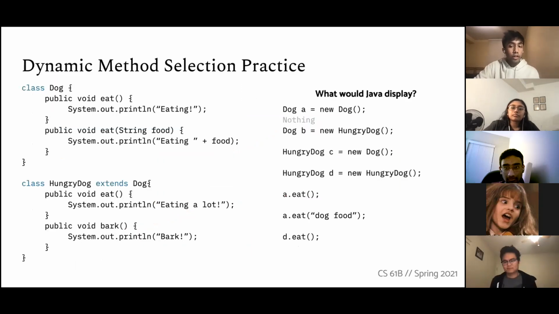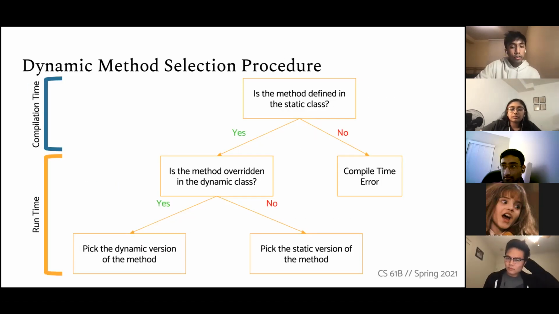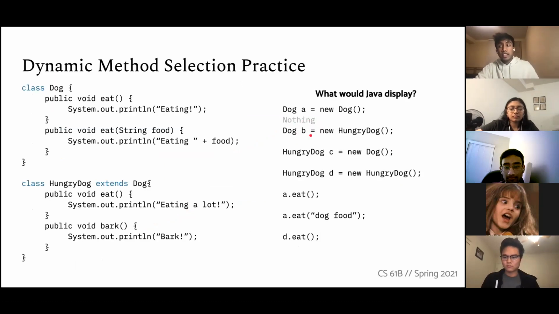So the rest of this is really going to be built around doing practice, since I think this can be a little confusing in theory, but after doing a bunch of practice questions, people will get the gist of it. So similarly, with Java display, and like this, we know dog a equals new dog won't produce anything. So if you see that, just say nothing. I'll give everyone a couple minutes to do this.